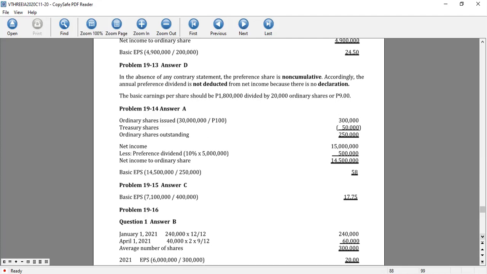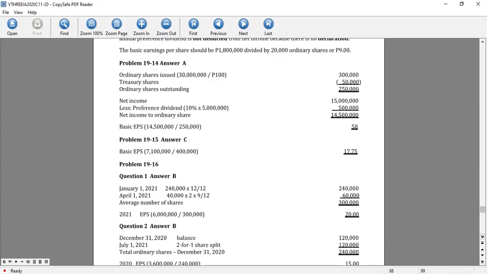The average number of shares is 300,000. Now, for the EPS in 2021, we have the net income of 6 million divided by 300,000 shares. So it's 20.